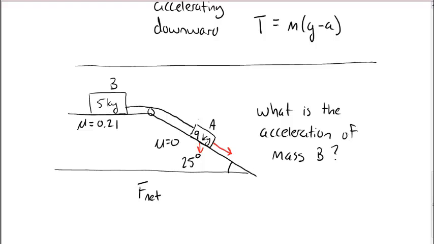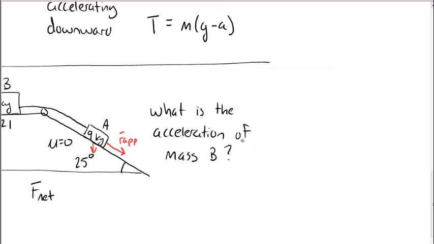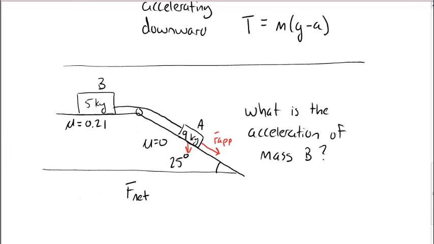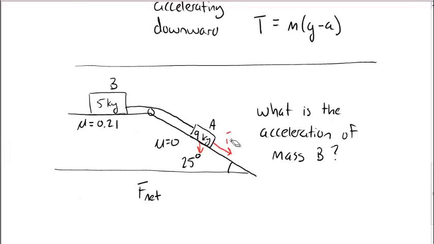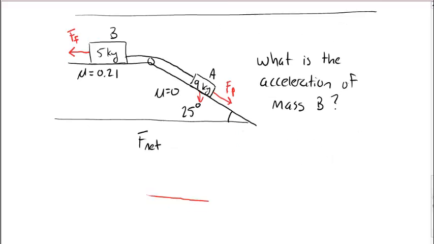Now just to complicate things, let's call it FP, to make this more consistent. Sorry, to complicate things, there is friction. So as you pull the 5 kilogram mass, there is a force resisting motion, and so that is force of friction.